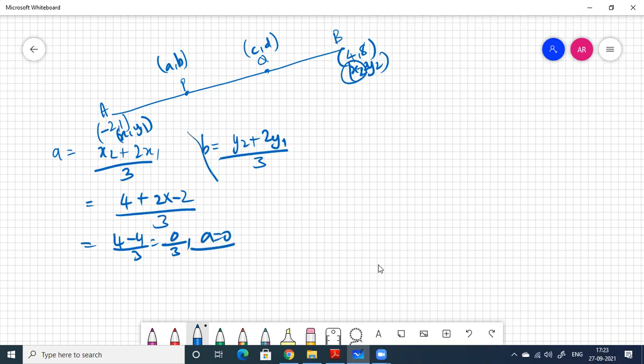Now let us find out what is coming for B. B is equal to (y2 plus 2y1) by 3. y2 is 8, plus 2 into y1, where y1 is minus 1, divided by 3.